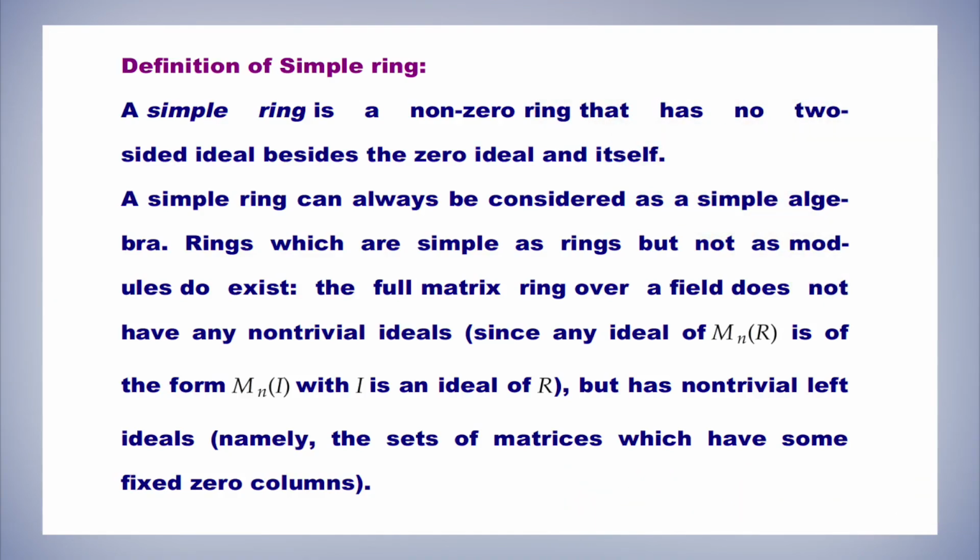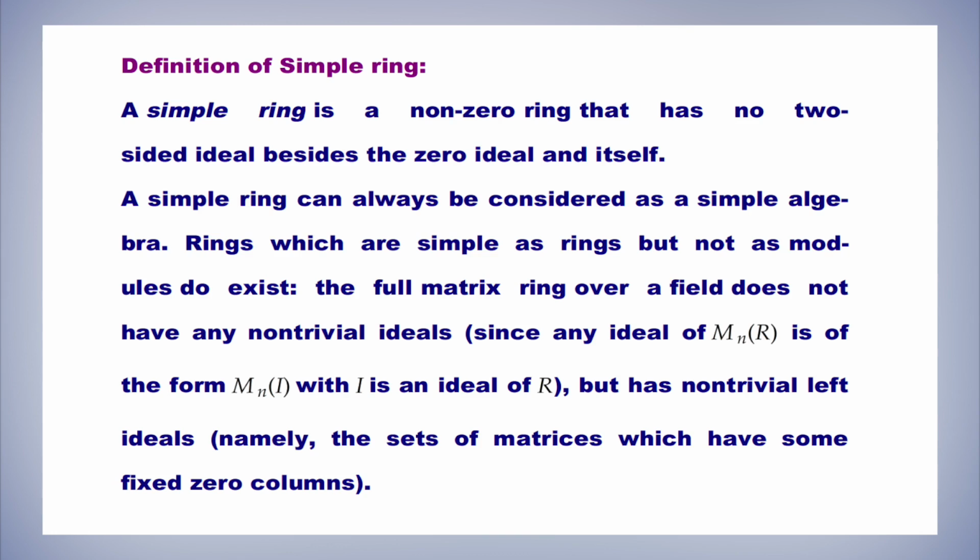Now let us see some definitions. Definition of simple ring: a simple ring is a non-zero ring that has no two-sided ideal besides the zero ideal and itself. A simple ring can always be considered as a simple algebra. Rings which are simple as rings but not as modules do exist.